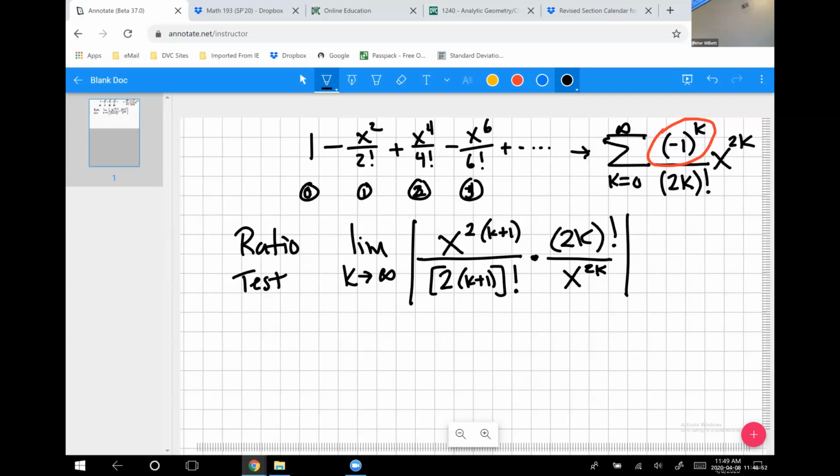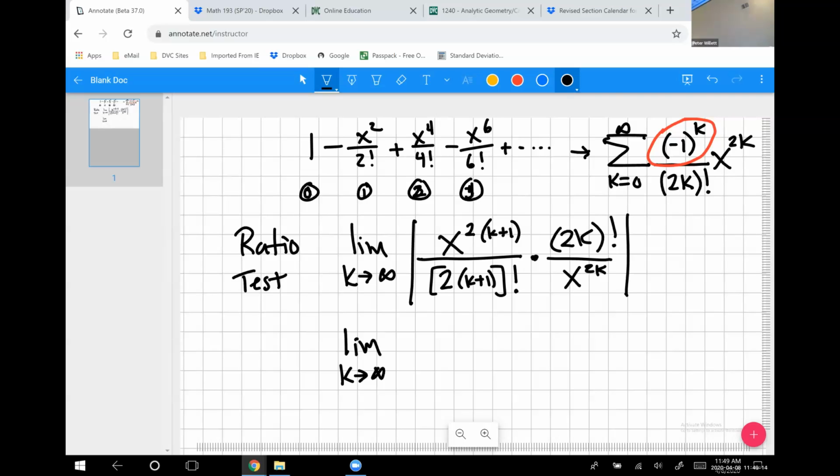It's an absolute value. And when this is less than 1, this converges, and when this is greater than 1, this diverges. Okay, so we get to do some simplification here. Maybe that's a little hard to see, so let's take a step to do this. Again, the book will help you with this as well.